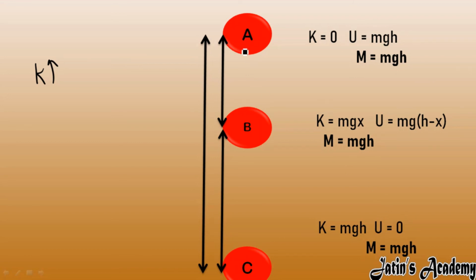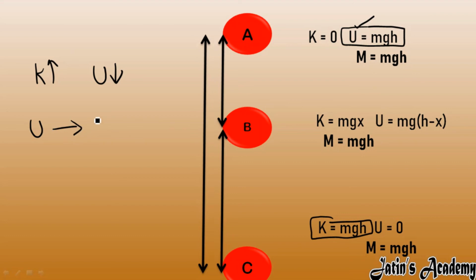So as the ball moves downward, the potential energy keeps decreasing, and the whole maximum potential energy is converted into maximum kinetic energy near the ground level. Before touching the ground, the maximum kinetic energy in the body equals the potential energy it initially had. This is called conservation of energy, in which the whole potential energy is converted into kinetic energy. Clear?